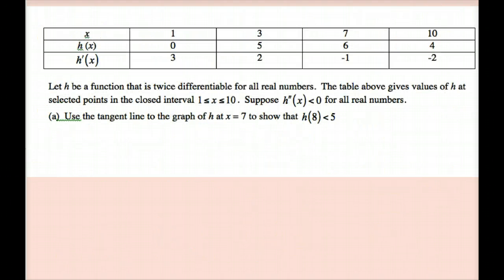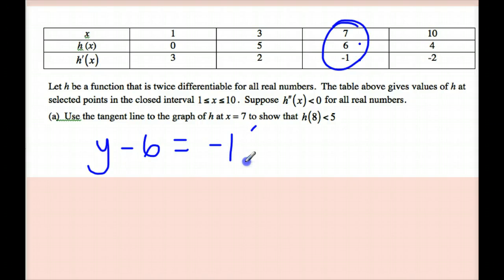Alright, next problem. Here we have a graph, so we're going to do the same exact thing, but just use a graph. It says use a tangent line of the graph at x equals 7 to show h of 8 is less than 5. So this is our most important section, when x is equal to 7. And what we see is the y value is 6. So I get y minus 6 is equal to, the slope here is negative 1, so negative 1 times x minus 7. And I want to show that this lies below 5.